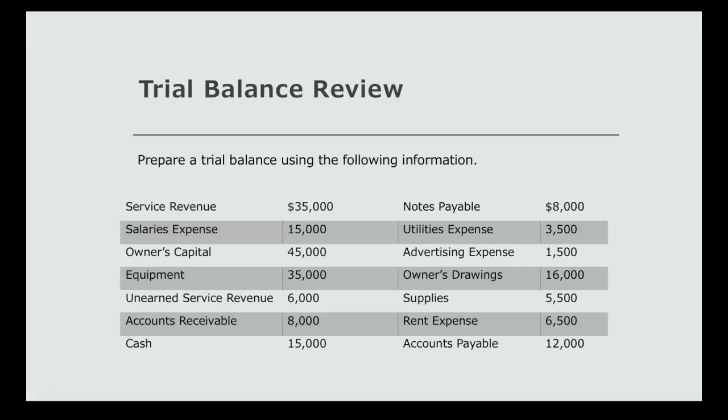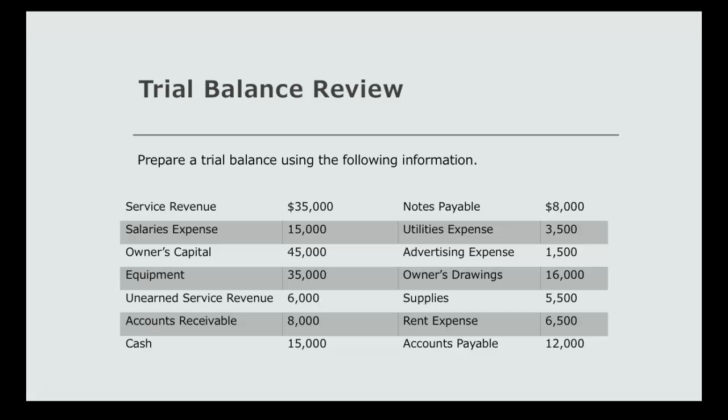Now with all of that information, we can look at preparing a trial balance. We have a list of accounts here, and we need to take all of this information and prepare our trial balance. But you can see that the accounts are jumbled up. We don't have them separated into asset accounts and liability accounts and revenue accounts.